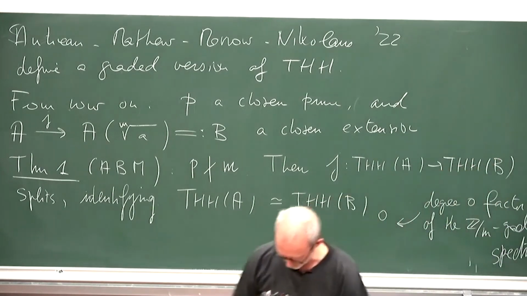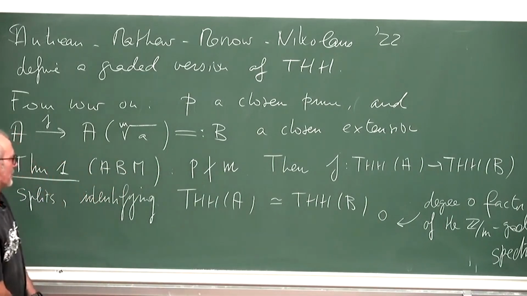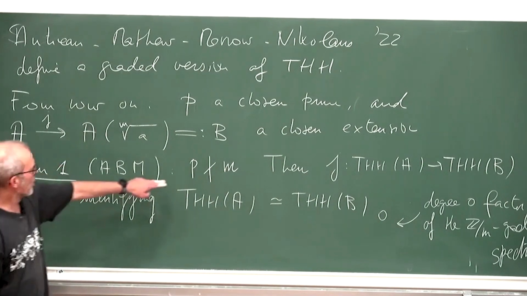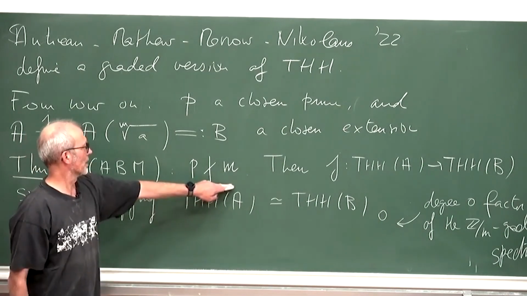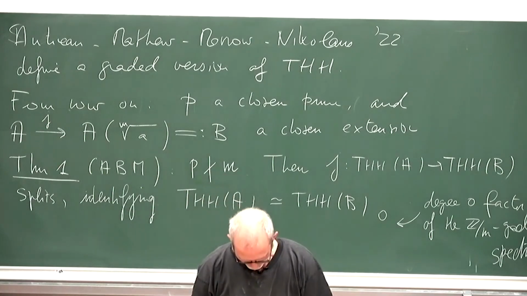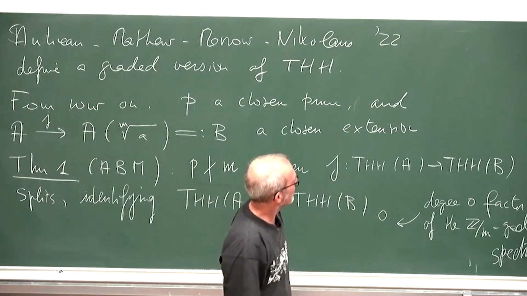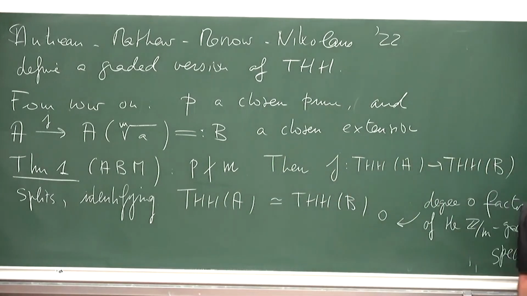So I wanted to indicate a proof, maybe just if you are new to this kind of thing, you may be wondering why we have this condition here, this tame ramification. Why does it interfere with THH? And it's very easy actually.